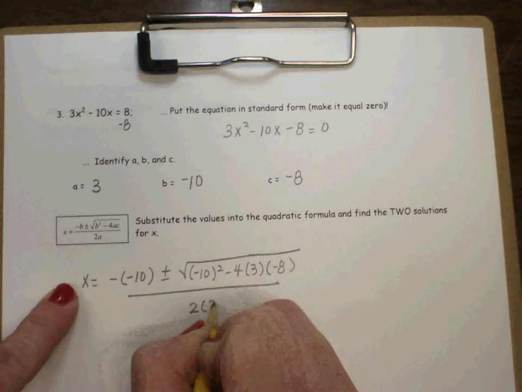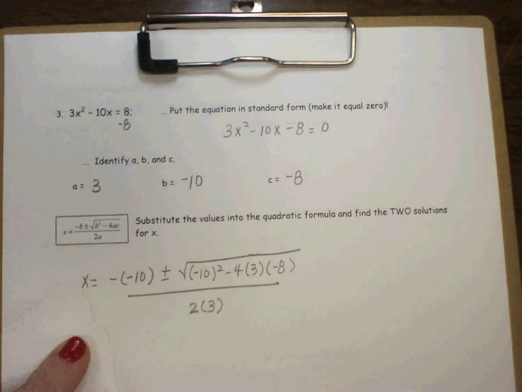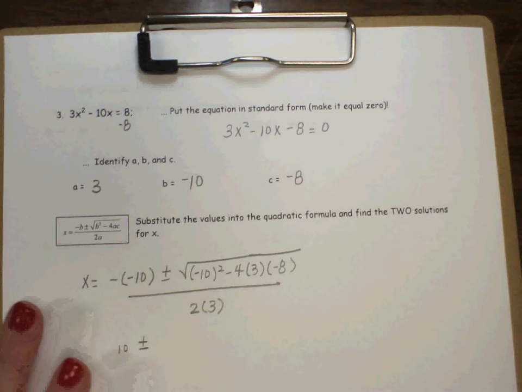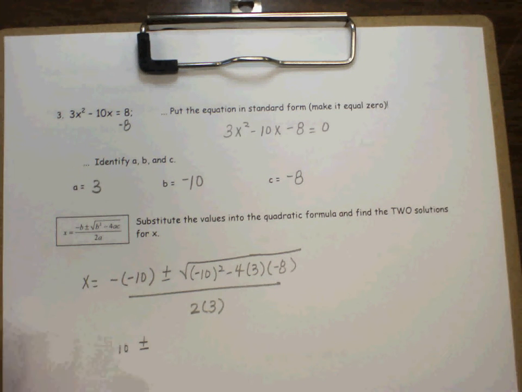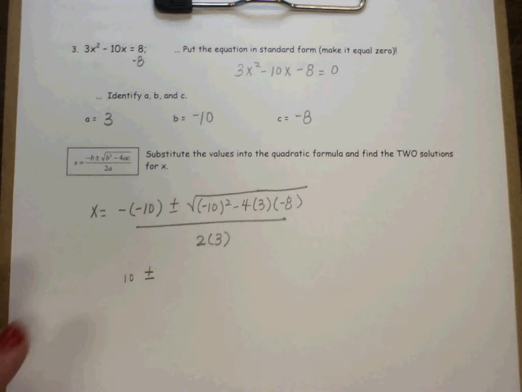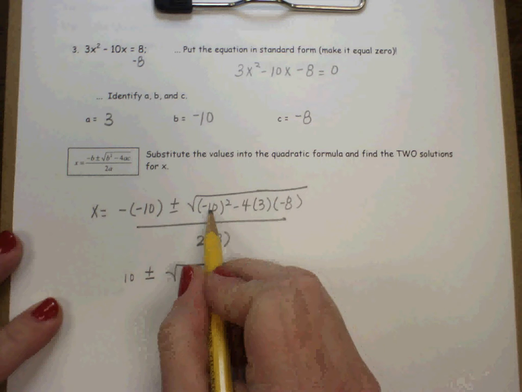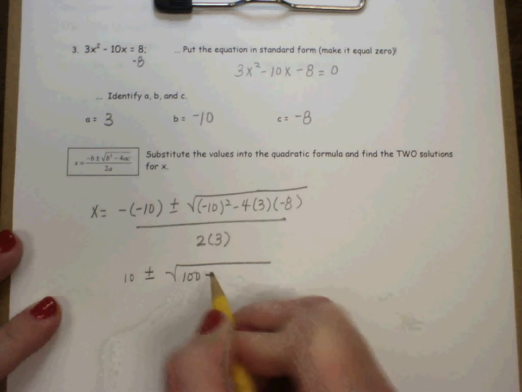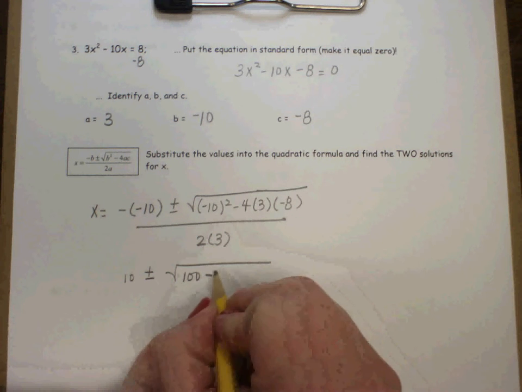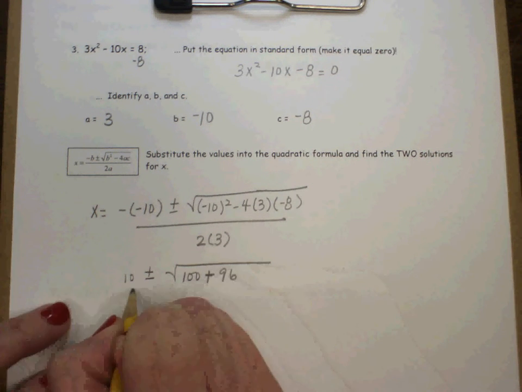All right, the opposite of negative 10 is 10, so that would be 10 plus or minus. Negative 10 squared would be 100. Negative 4 times 3 times negative 8 is plus 96, and 2 times 3 would be 6.